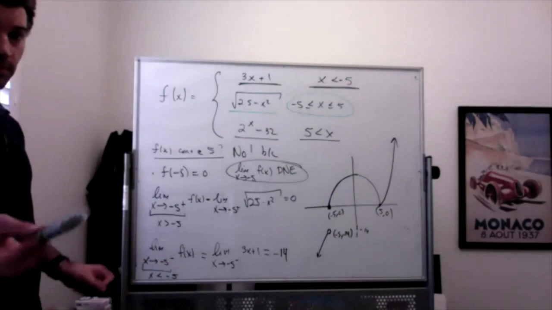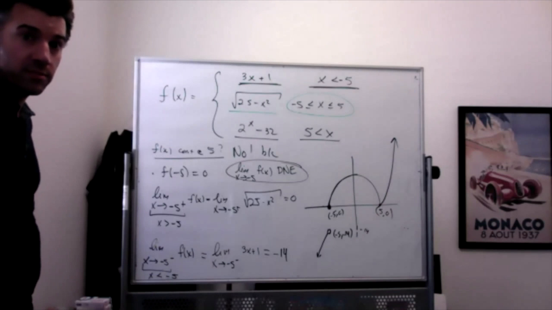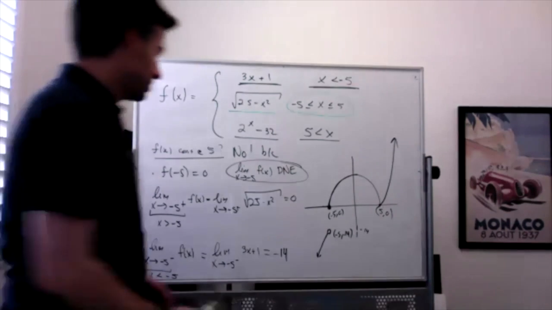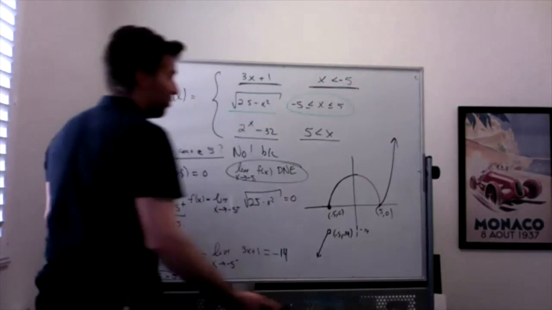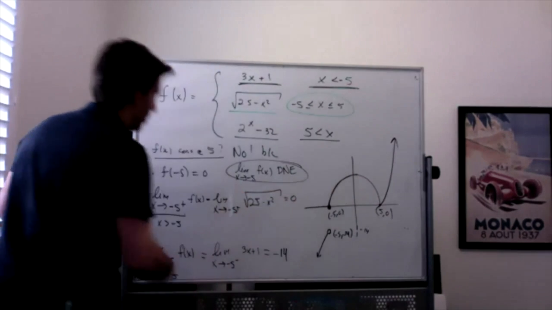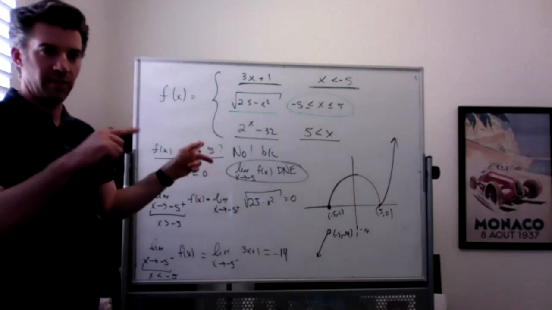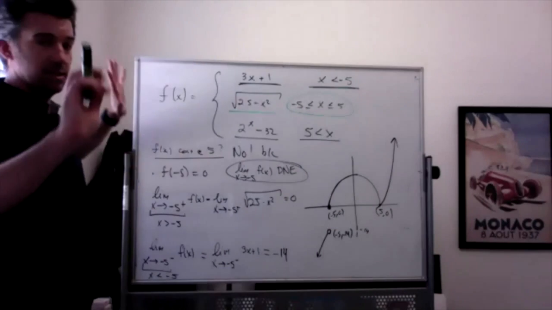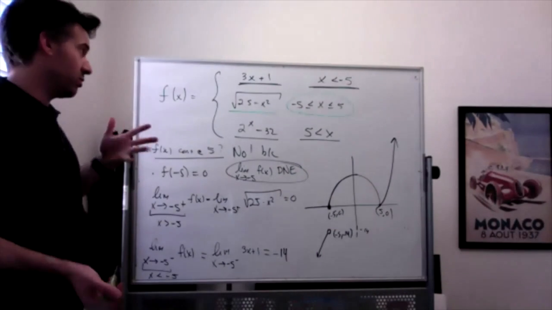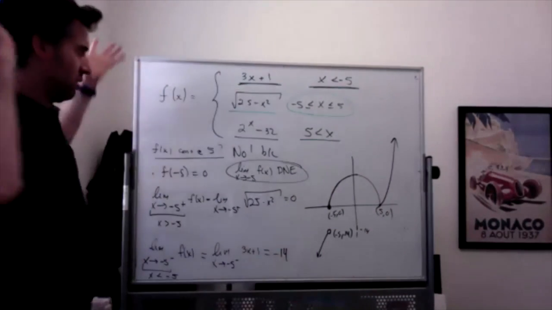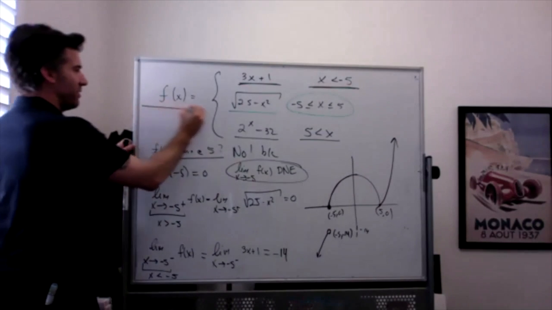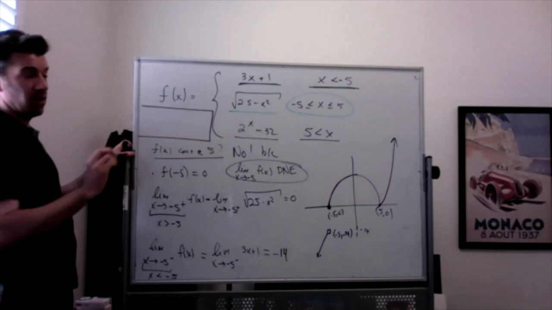So if there wasn't that function and it was just the semicircle, then negative 5 would be continuous. Right. So actually, let me answer a question about this, and then I'm going to modify things. So as is, here's what I would say about the continuity. I would say that this function is continuous on the following interval.